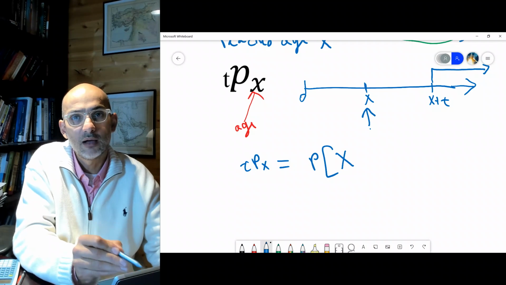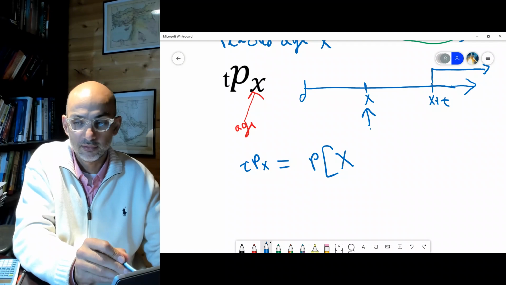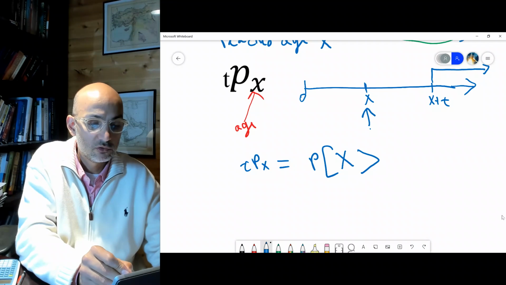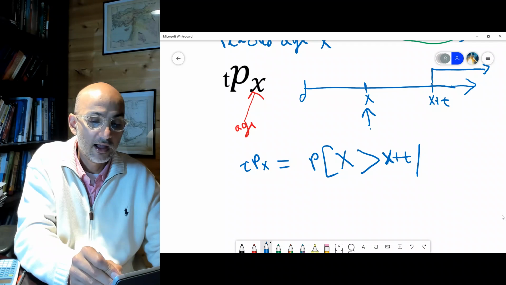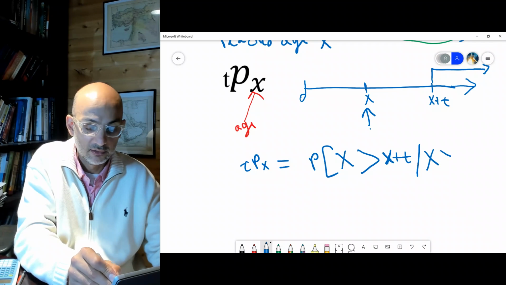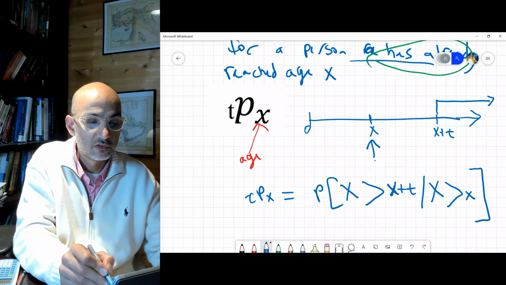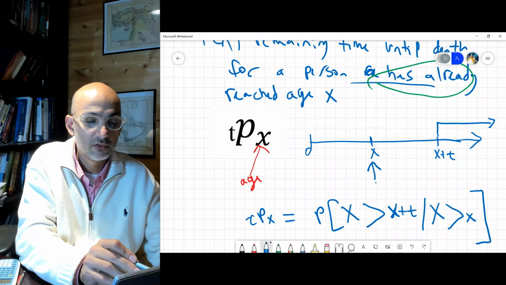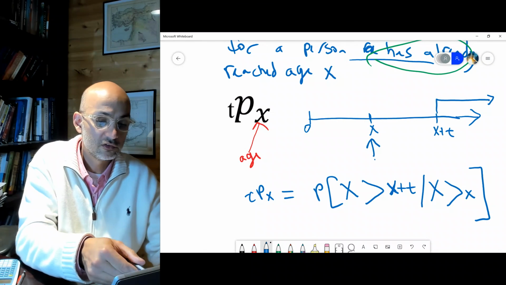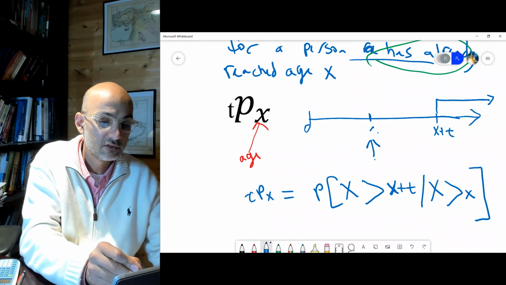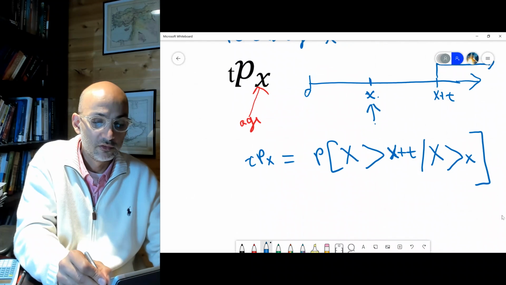Usually it is the time of failure or time at death, that survives to x plus t. Death happens at x plus t, given that the death is greater than x, the small x. Because given that they survive, they have reached already, we usually use this one as a small x.